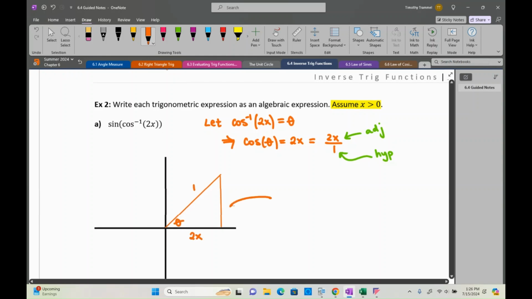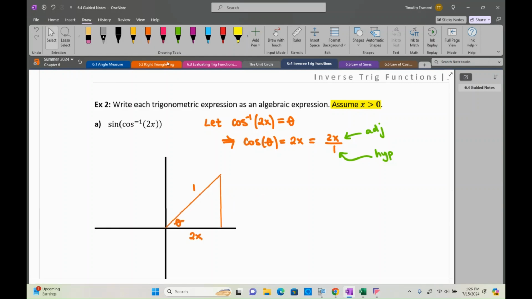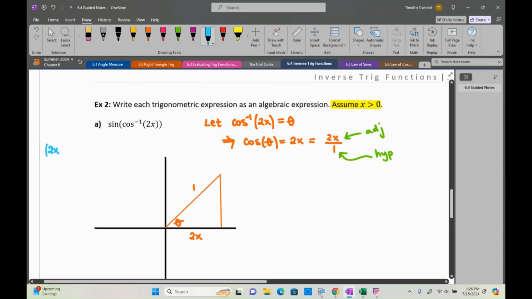To find our missing side here, we could just use our Pythagorean theorem. Let's maybe show the work for that here on the side. So I'm going to call that side there, how about y? So I'm going to have 2x being squared.